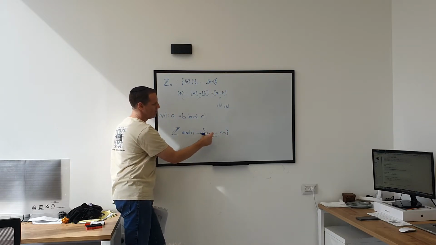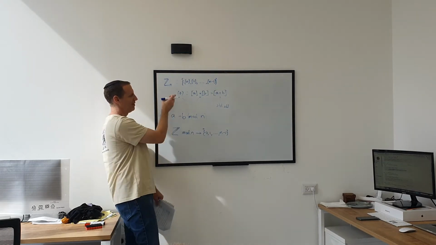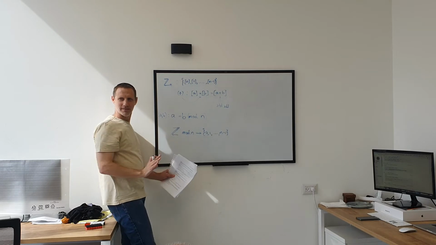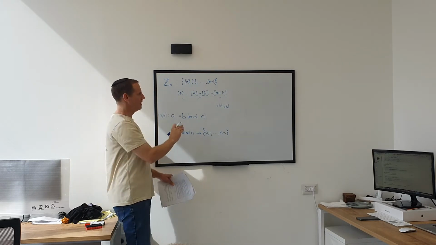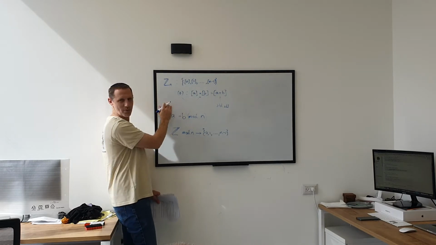And then we treat mod n as an operator, and we get Zn. Okay, so it's a nuance, but really this is what we mean.